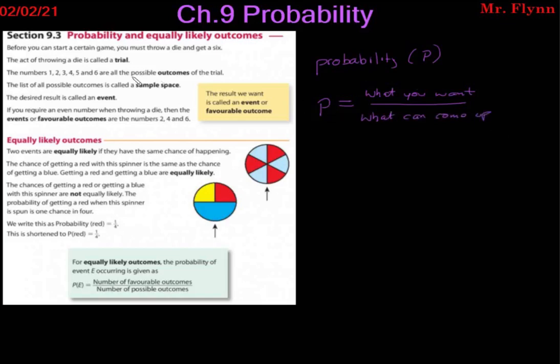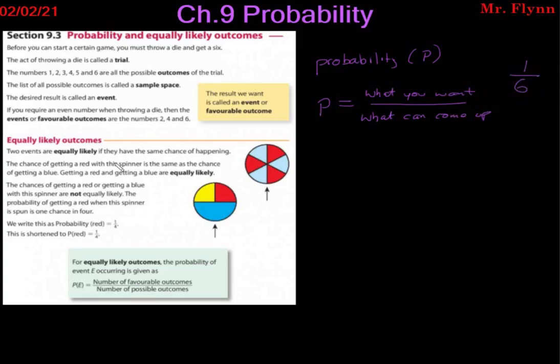So for the example of the dice here, we want a 6. How many 6s are there on the dice? Well, there's only 1. How many possible outcomes are there? What could come up as our answer? Well, there's any number from 1 to 6, so there are 6 possible outcomes. So the probability that we throw the dice and we land on a 6 is 1 in 6.